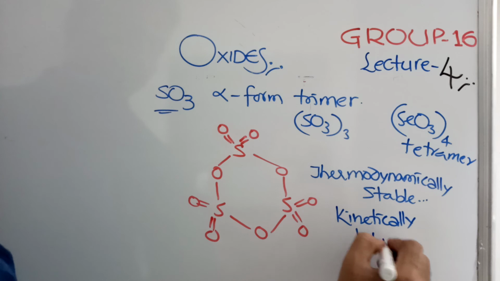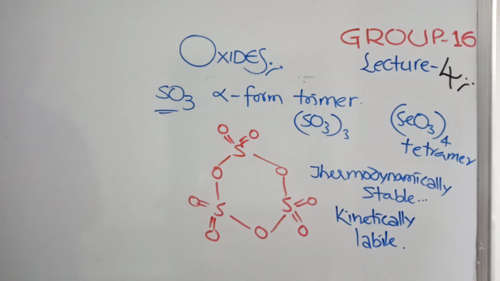This word generally we use in organic chemistry. Kinetics means you are saying in terms of the rate of reaction. Thermodynamically means you are saying in terms of heat of reaction. Okay, how much stable it is, how much fast it is reacting, in that sense. So SO3 alpha form, which is a trimer, is thermodynamically more stable, and kinetically it is going to be labile. And what about its another form, that is called gamma form?